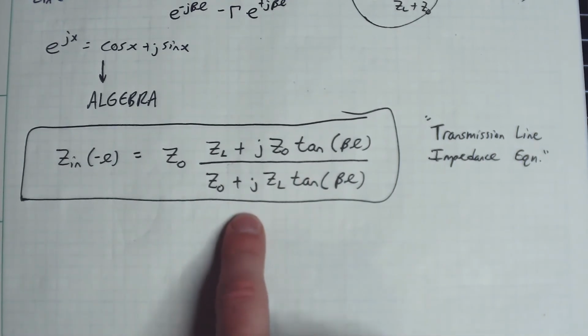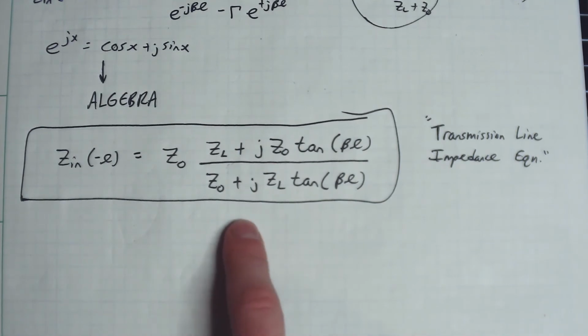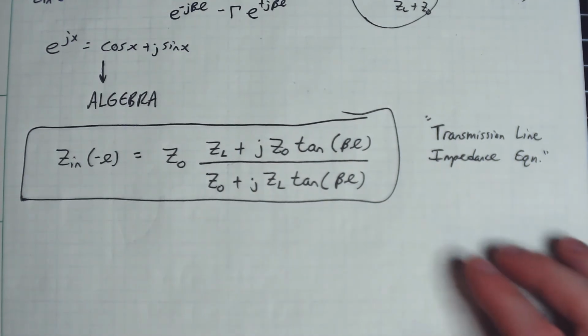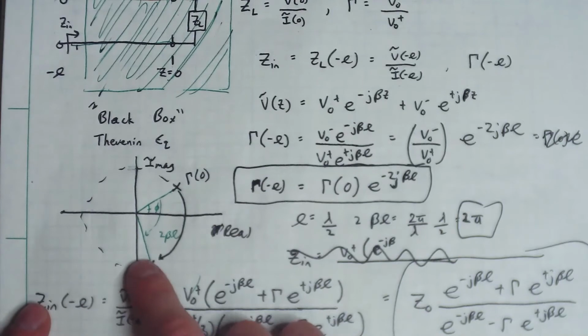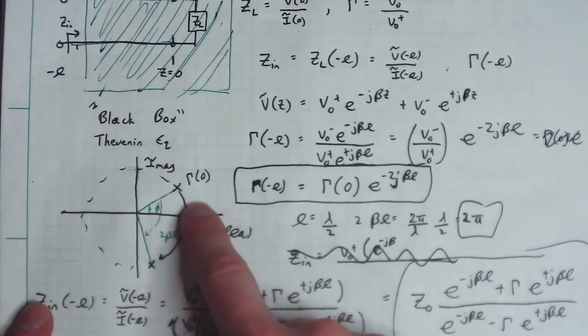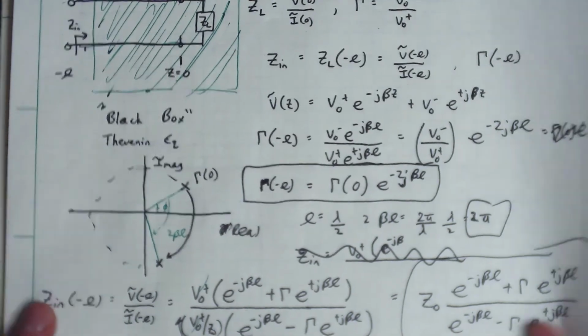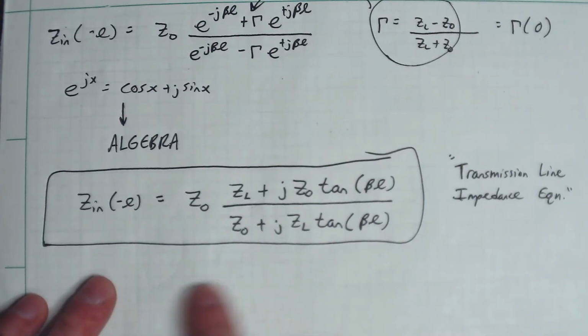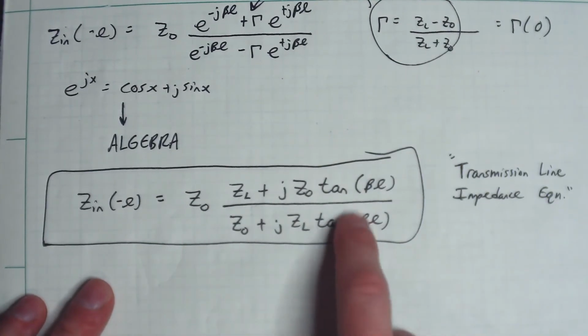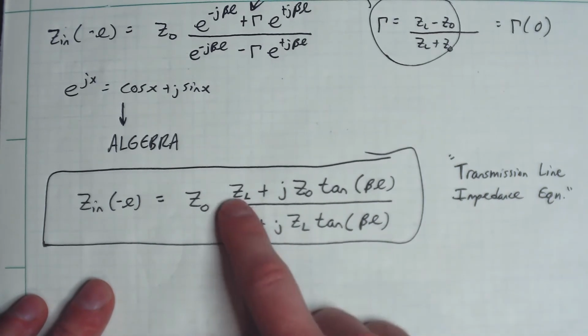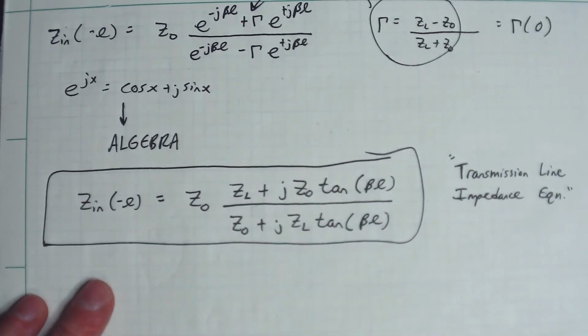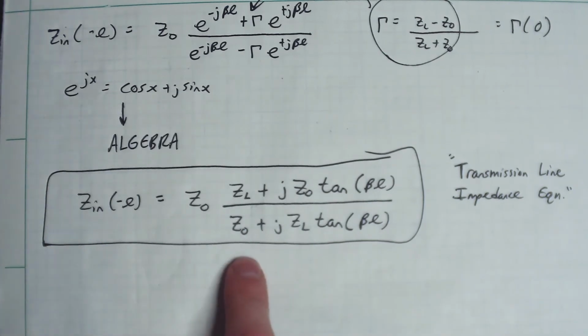And this is one of those little motivations for the Smith chart, right? Because you'll notice here, when we just thought about things in terms of the reflection coefficient, we just got this nice little spinning effect around a circle. But when I wanted to think about it in terms of impedance, I get this horrible complex fraction of load plus characteristic impedance and this tangent of this phase factor here. And it gets really nasty. So keep that in the back of your head.